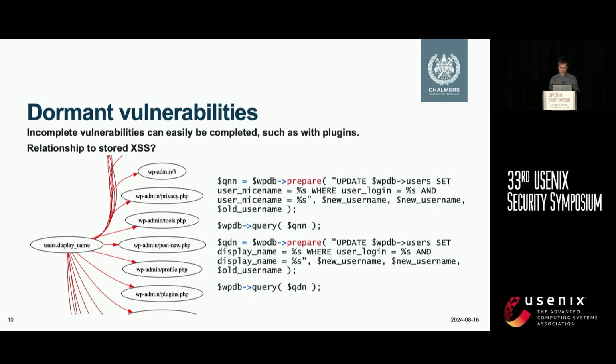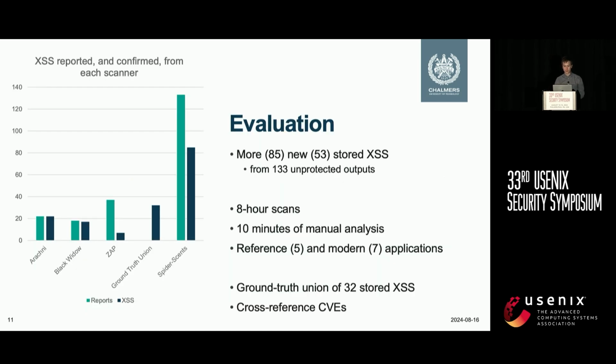If you're still not convinced that these unprotected outputs are dangerous, then our empirical evaluation, where we link these to actual stored XSS vulnerabilities with complete flow, might offer some evidence.